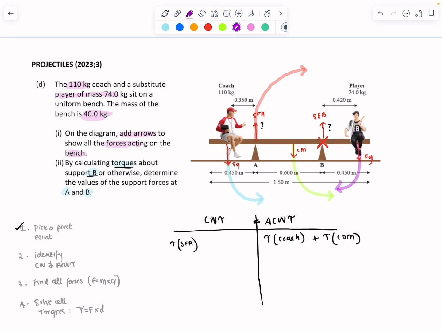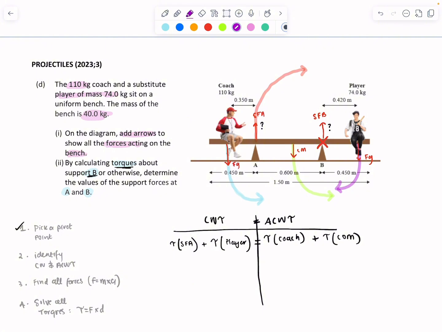So is he going to cause the plank to go in a clockwise direction or anti-clockwise direction? Yep, he is going to cause this plank to turn in a clockwise direction. So what we've done here is identify our clockwise torques and our anti-clockwise torques.